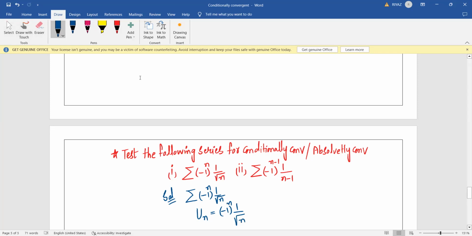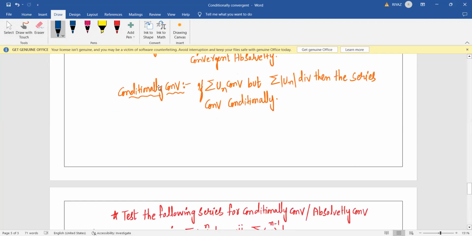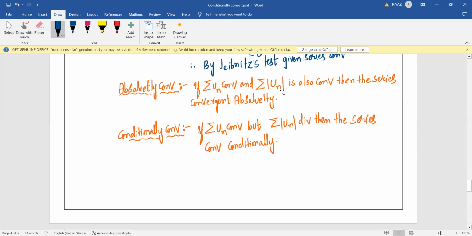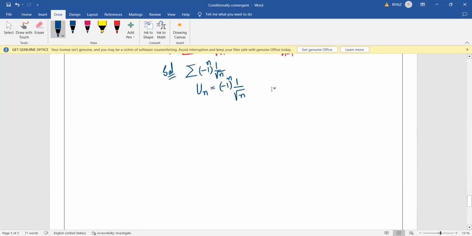So what we will do here, let me find its modulus value. It is also important to mention here: summation un convergent, summation mod un convergent, it is not compulsory to check un first and mod un later. It is not compulsory; you can check mod un first also. Choice is yours. Checking both conditions simultaneously is not compulsory.